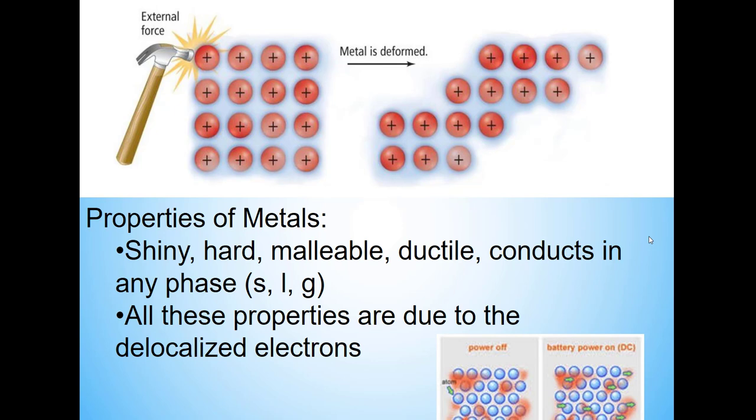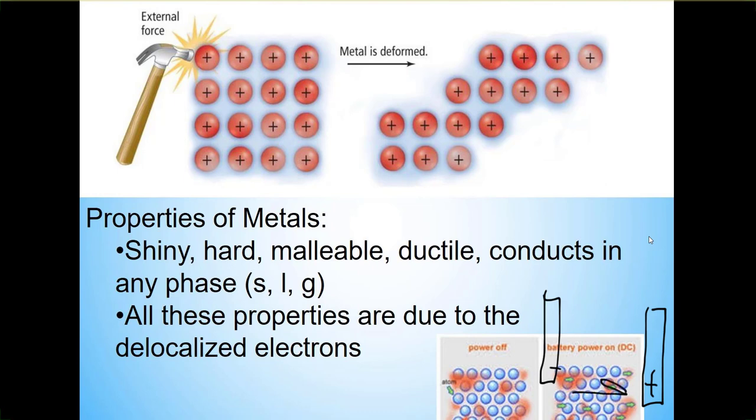Down here at the bottom, I have a picture showing those delocalized electrons, how they kind of flow from cation to cation. But if you put it under a power source, you will see that those electrons will flow. So for example, if I have some sort of electrode here and one here, those electrons will flow away from the negative and towards the positive.